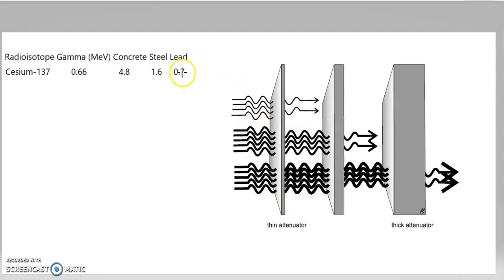So first let me write the unit here. These values are in centimeters. As I said, here I have cesium-137, and let's say that here we start with 100%. So the radiation here before the shield is 100%.